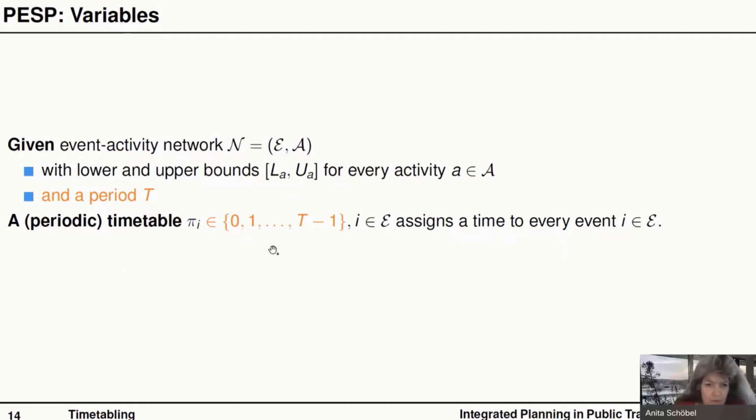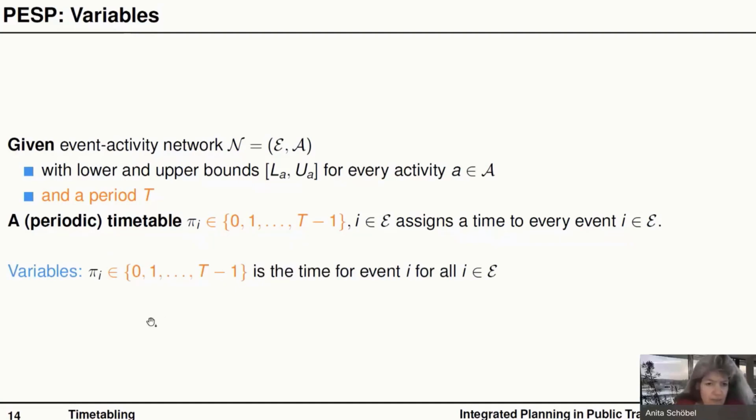So we need only choose values between 0 and the period minus 1. We can still use this timetable definition as variables. They are still integer numbers, but now we have an upper bound of t-1, because it's repeated every hour anyway.